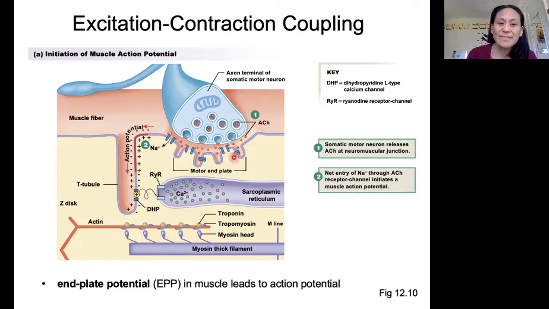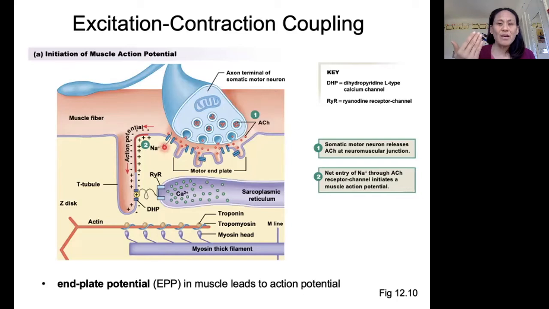When that opens, that's going to allow sodium to come into the cell, into the muscle cell, the muscle fiber, okay? When we have ion movement across the membrane, hopefully you are aware by now that that's going to lead to a change in membrane potential, okay? So we're going to get a depolarization.